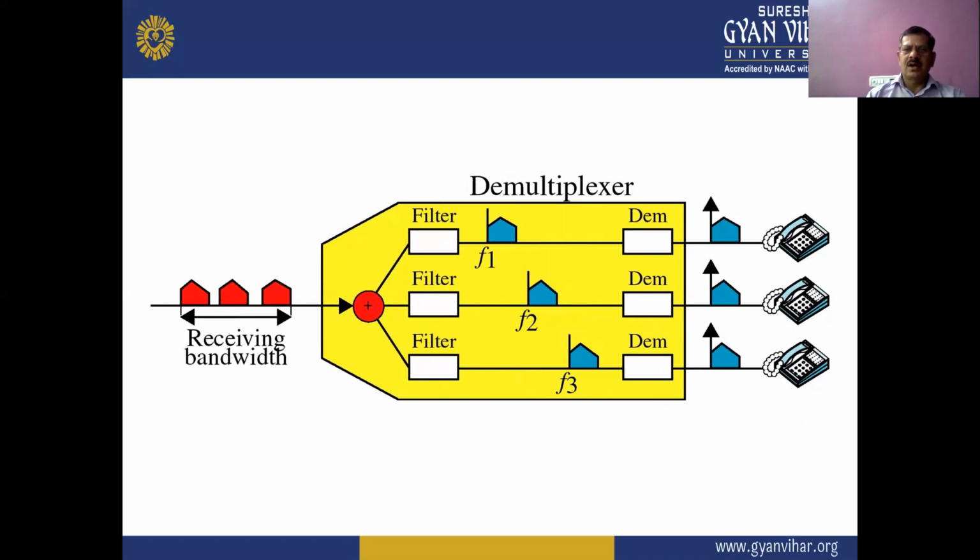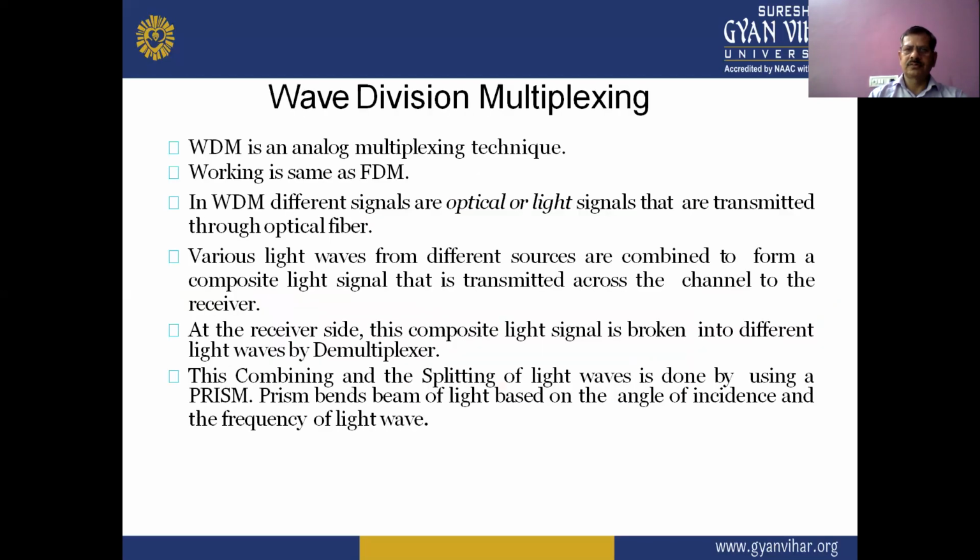This is the opposite process of the modulation technique. The outputs are the different frequency signals. So these are the different outputs of the demultiplexer system.